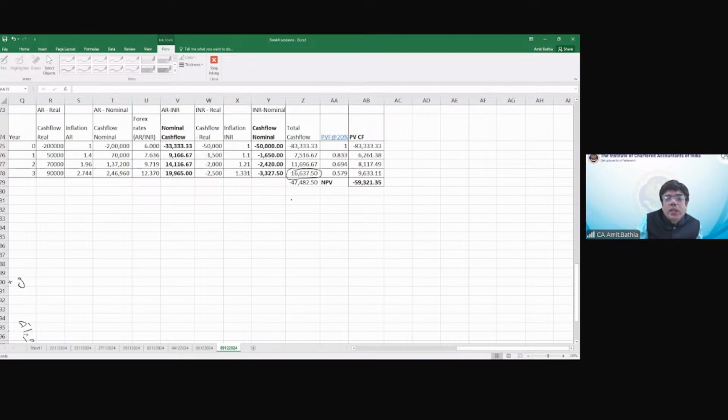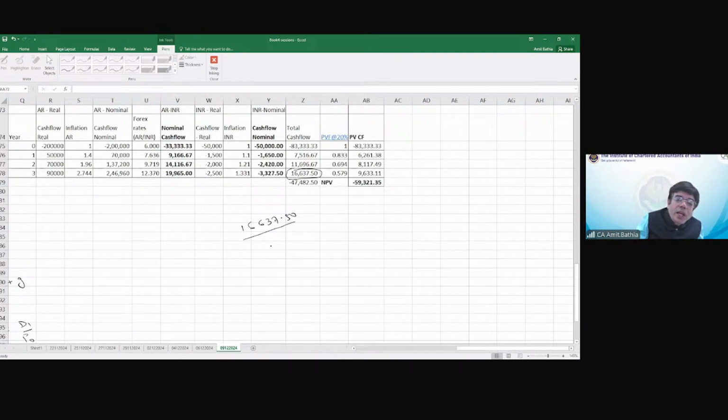This is my total nominal cash flow, and you are expecting this to be there at the end of next year as well, continuing indefinitely. So 16,637.50 is your expected earnings for the next year.